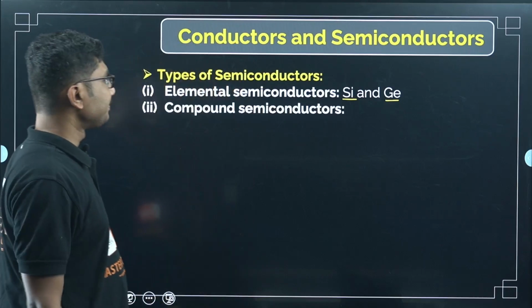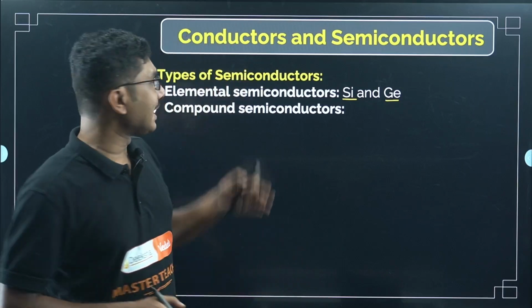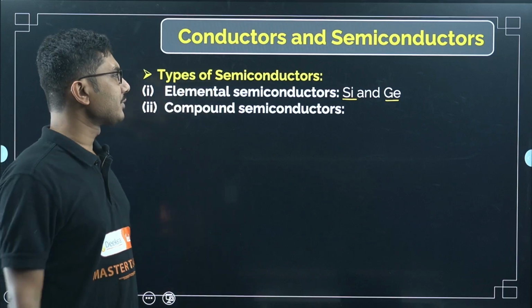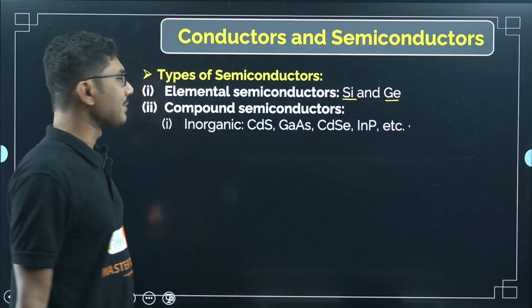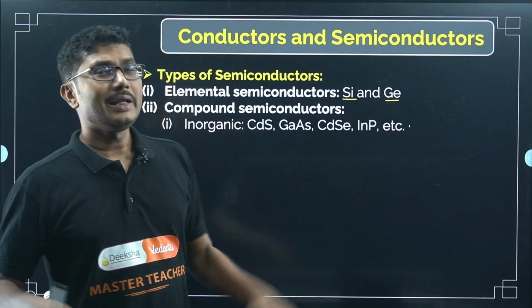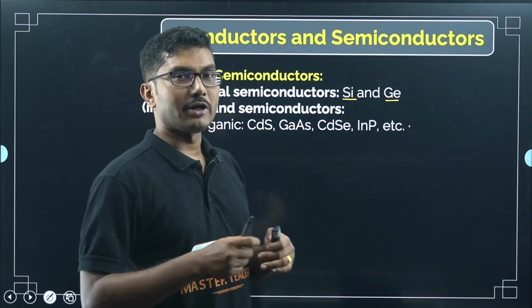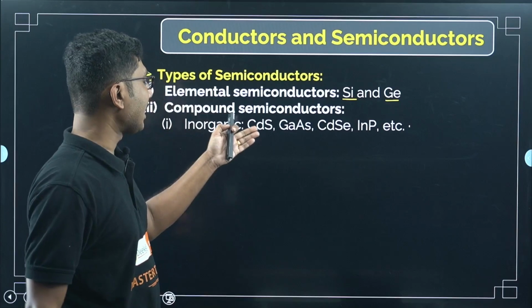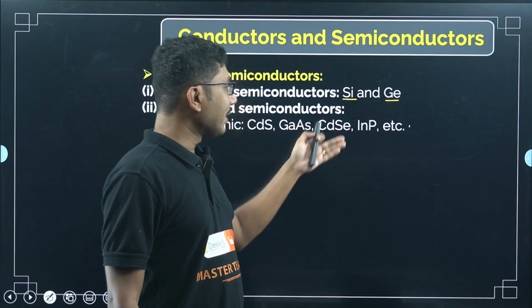Now compound semiconductors: there are a few compounds, where the elements are only two. You can synthesize multiple different types of compounds to form semiconductors. Inorganic semiconductors use only inorganic material. I hope you have learned about inorganic and organic in your chemistry. Inorganic examples are cadmium sulfide, gallium arsenide, cadmium selenide, InP, which is indium phosphide.